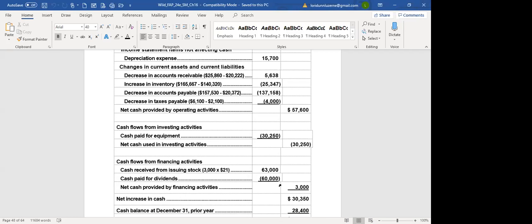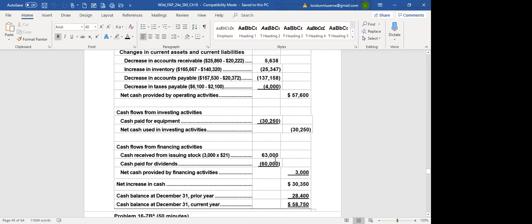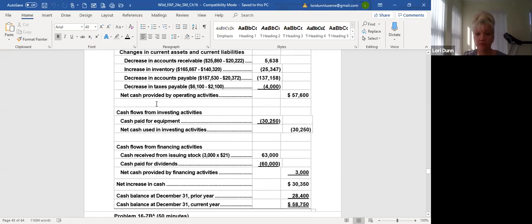Good. Excellent. Why the difference of when it's positive provided and when it's negative used? Why is the difference between those? Okay, so provided means, think of the word provided, you're given. So when it's positive, that means the operations gave 57,600 to cash or provided for it.